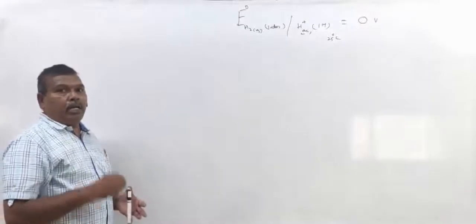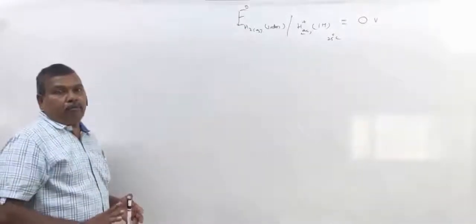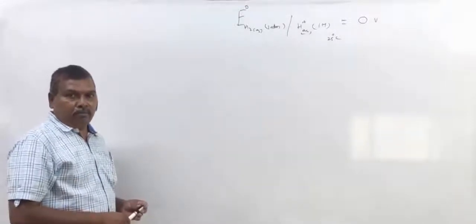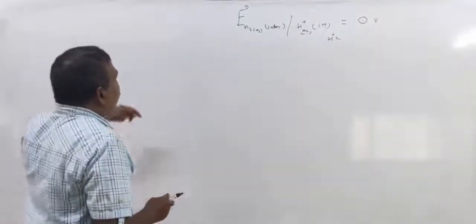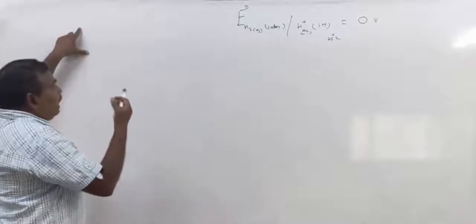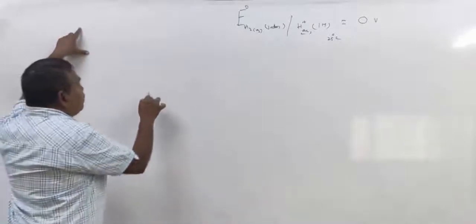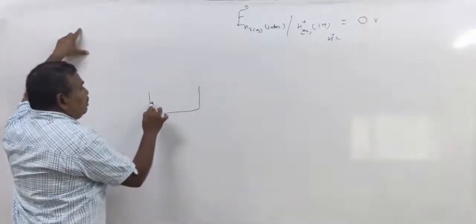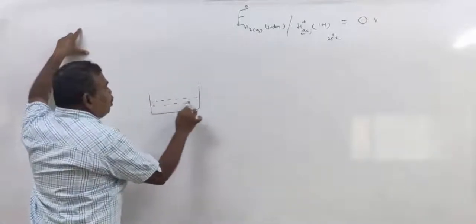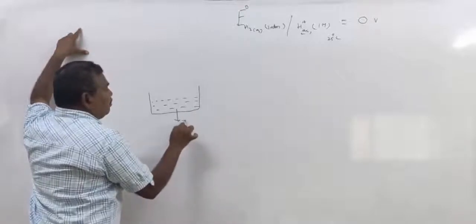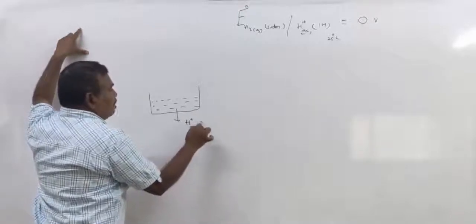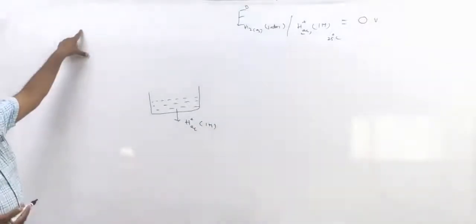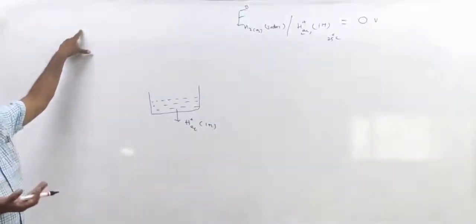Now, hydrogen is a gas, so it is a non-conductor of electricity. So therefore, the hydrogen electrode is constructed like this. Simple way, a glass beaker with a solution of H plus ion, concentration 1 molar, generally HCl.